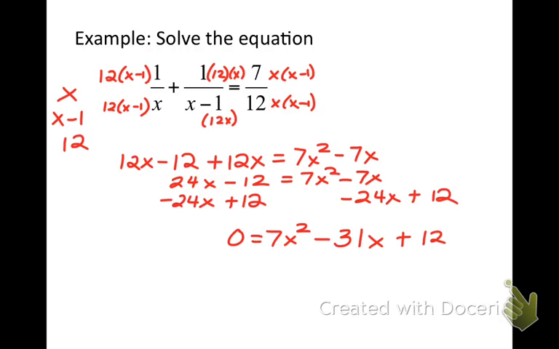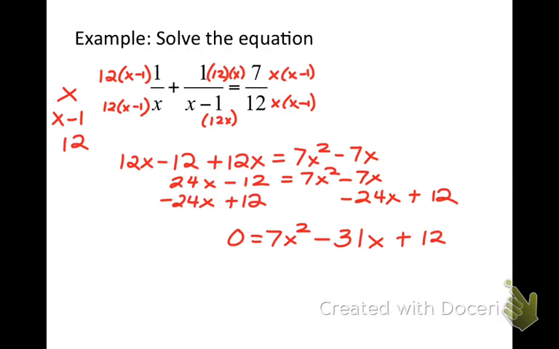Choose your method. Yeah, I wouldn't want to complete the square on that because then I would have 31 over 7 and a 12 over 7. That could get kind of weird. I don't even know what 31 squared is. We could maybe see if it's factorable, but then I'd be sitting here trying all these different things to see if it's factorable. So let's just go right to the quadratic formula.